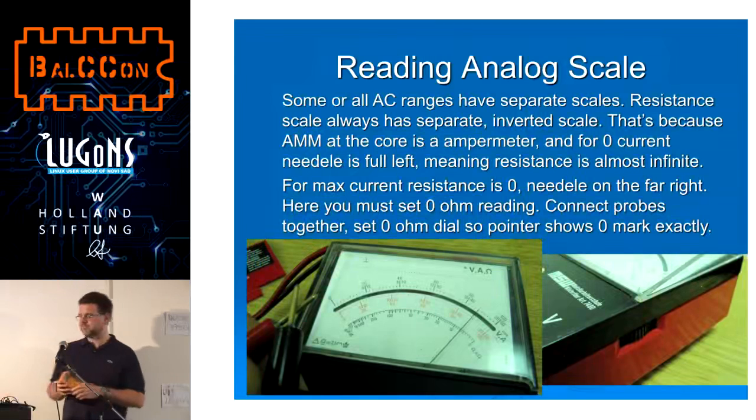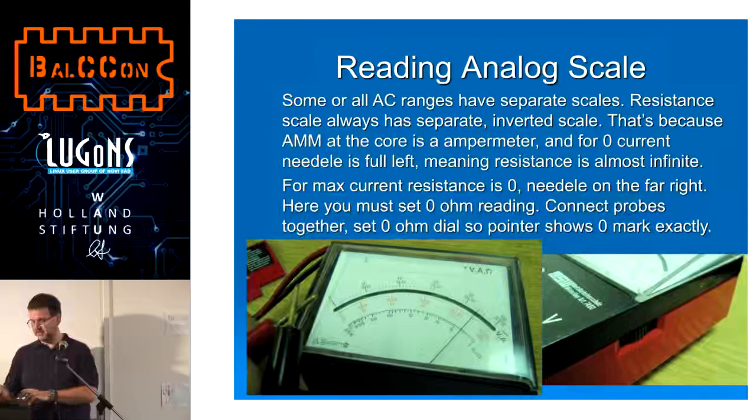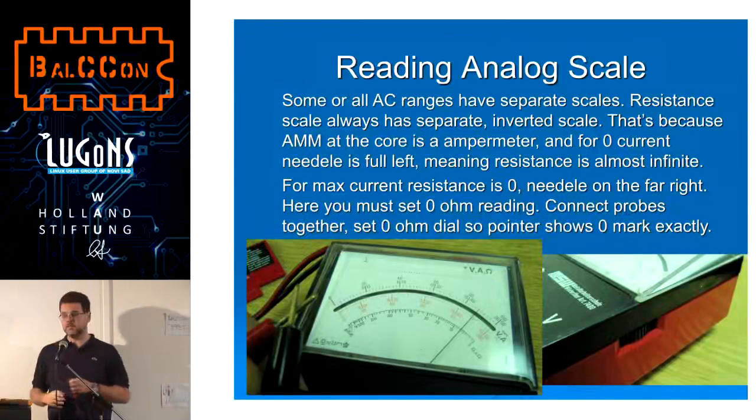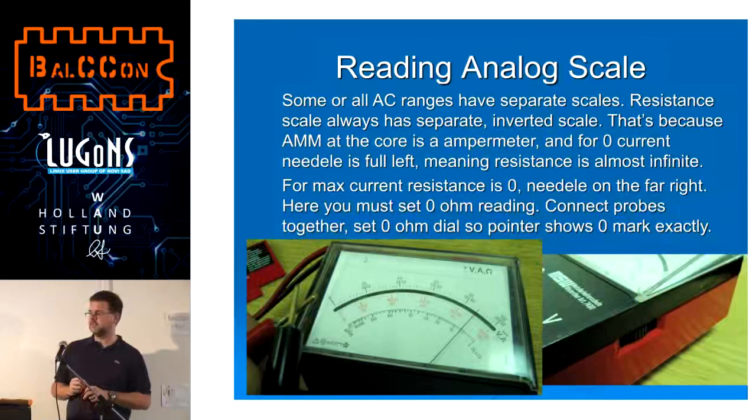That's because you're actually measuring current. The device passes current through a resistor, and current is 0 when you are measuring a very large, infinite resistor, and because of that it's on the left. When you are measuring maximum current, resistance is then considered very low or 0. That's because it's on the right side.